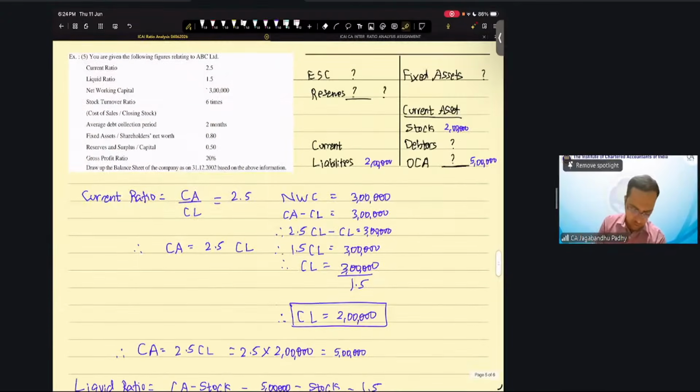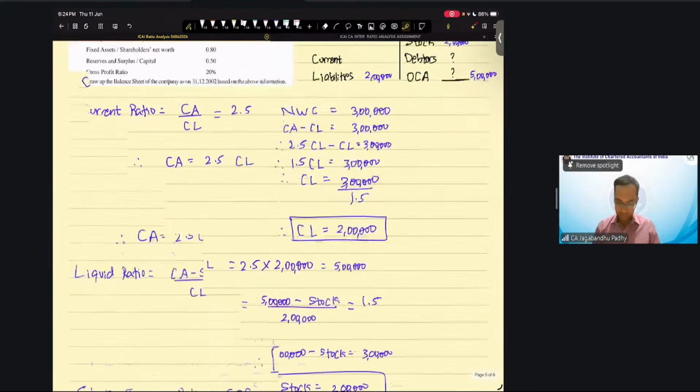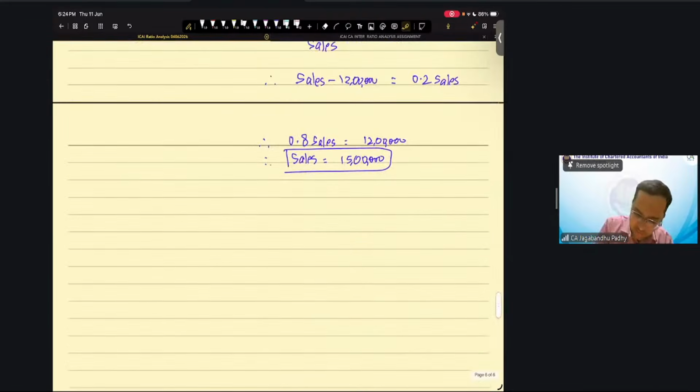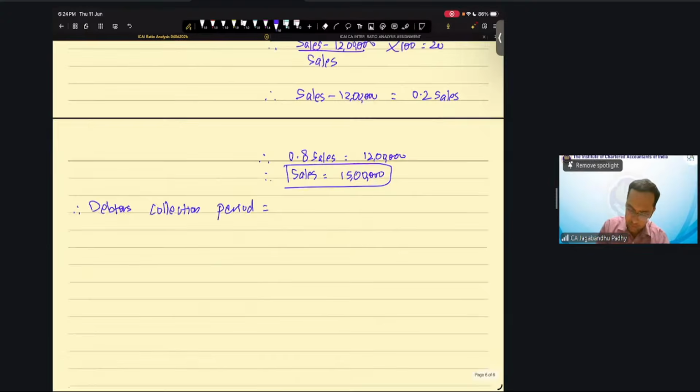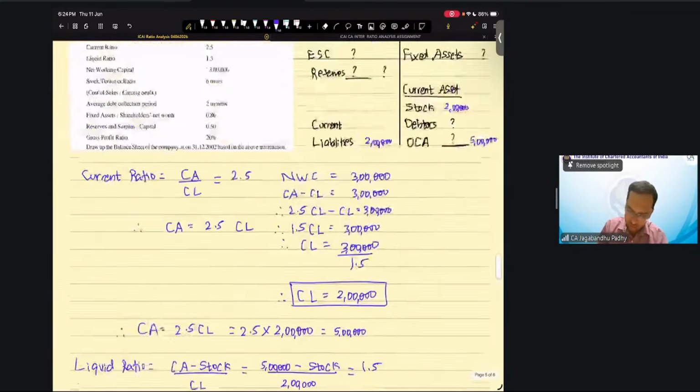Now the sales value is going to tell us the debtors value, because the average debtors collection period is 2 months. And I think we can assume all the sales are credit sales because there's no specific information given in the question. So the debtors collection period is 2 months.